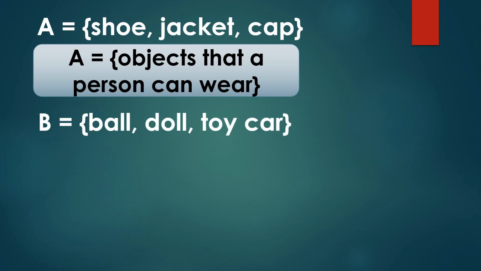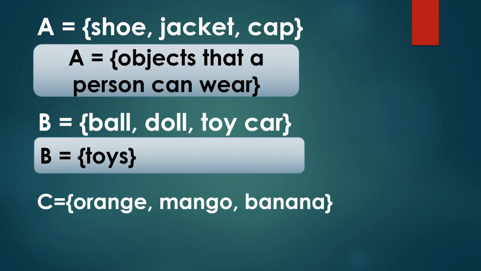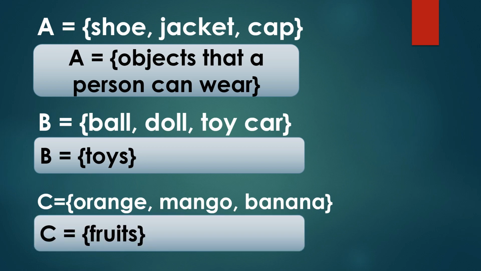How about Group B? That's correct. The members of Group B are ball, doll, and toy car, which are toys. How about for Group C, which members are orange, mango, and banana? If you wrote fruits just like this, you are correct.